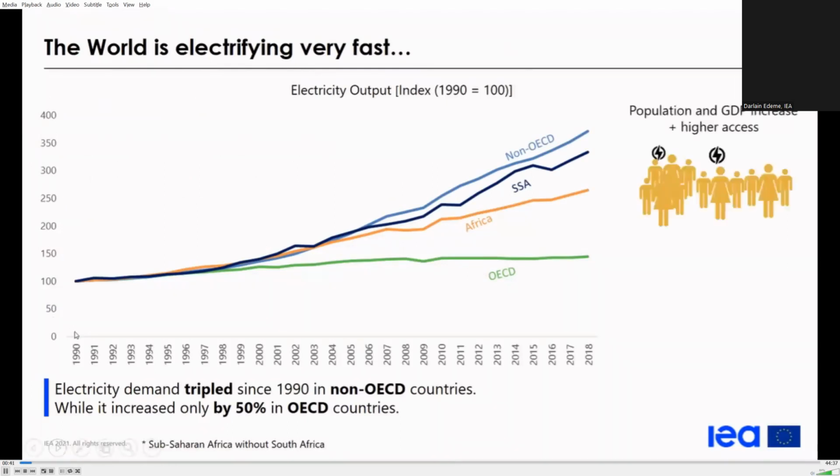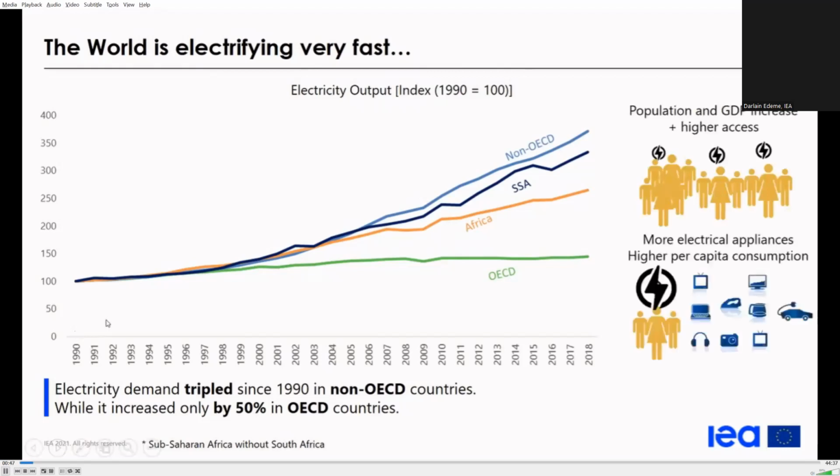This comes from higher population and GDP with higher access, but also from higher demand at the per capita level, with each household having more appliances and more needs for electricity.